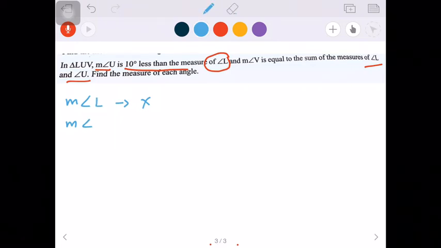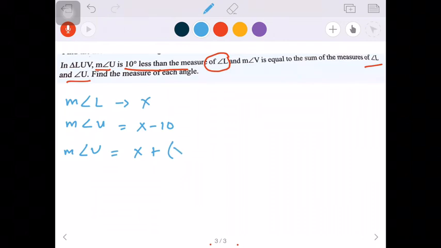And the measure of angle U is 10 less than the measure of angle L, which means it's going to be x minus 10. Now, angle V is just equal to the sum of the measures of angle L and angle U. So therefore, the measure of angle V is equal to x plus x minus 10.